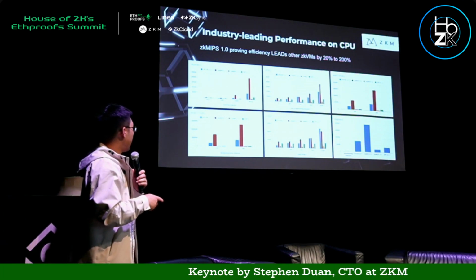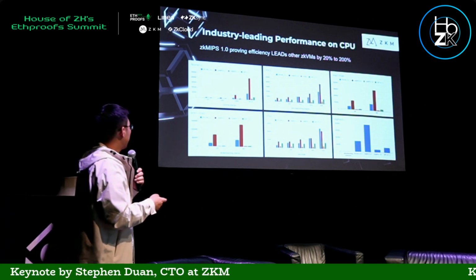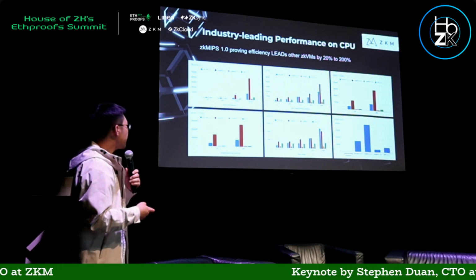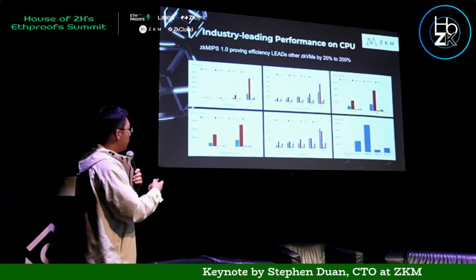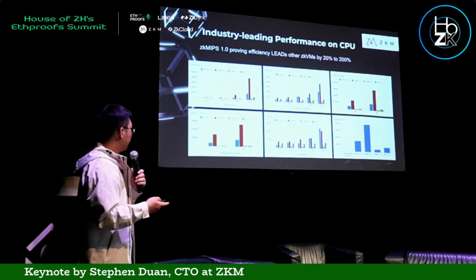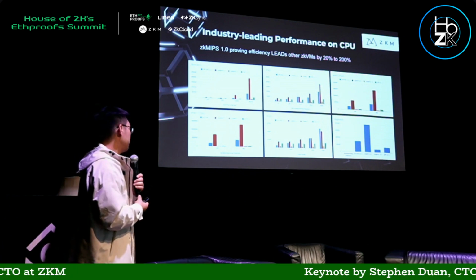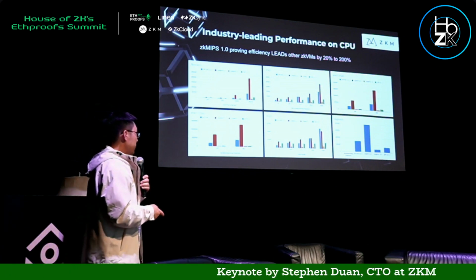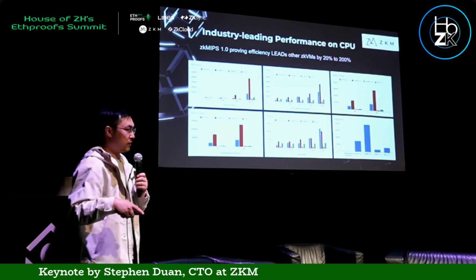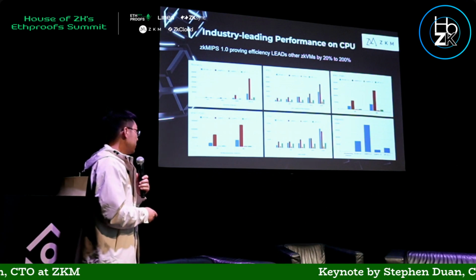And we also have a benchmark across different zero-knowledge virtual machines, like RISC0 and SP1. We can tell that in almost all cases we are faster. The largest leading efficiency may be up to 200%. All those benchmarks are open source in the zkVM benchmarks and our zkMIPS GitHub organization.